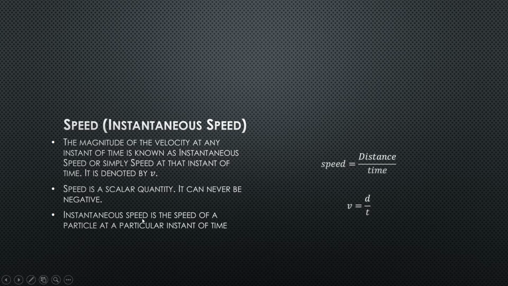So instantaneous speed is the speed of a particle at a particular instant of time. Speed is denoted as distance all over time, where d represents distance while t represents time. So d all over t, that's speed.